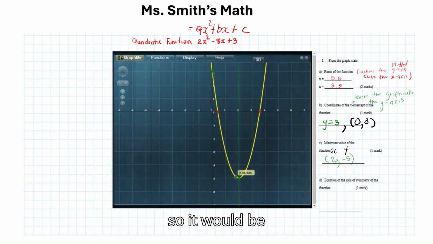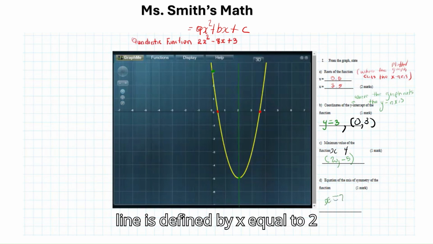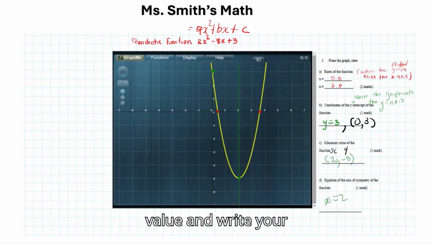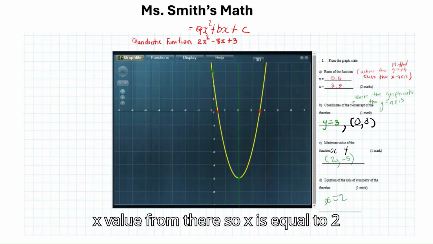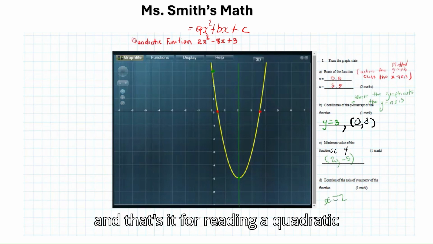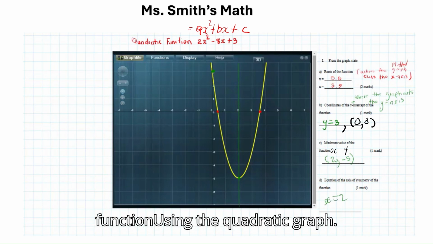So this straight line is defined by x equal to 2. You can just look at your minimum value and write your x value from there. So x is equal to 2. And that's it for reading a quadratic graph.